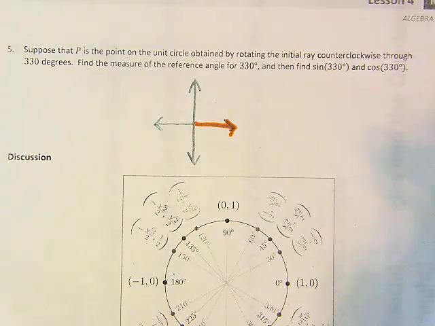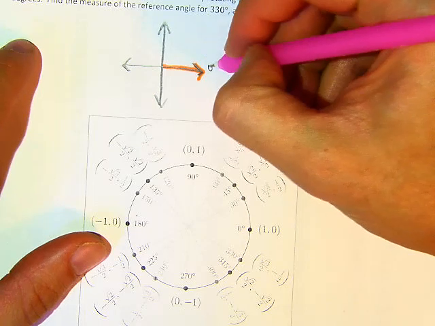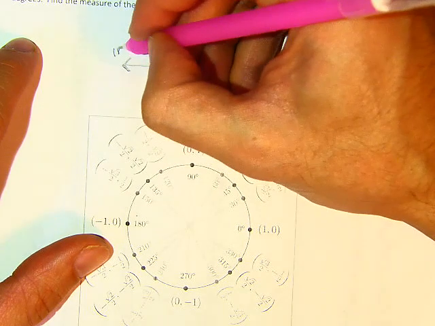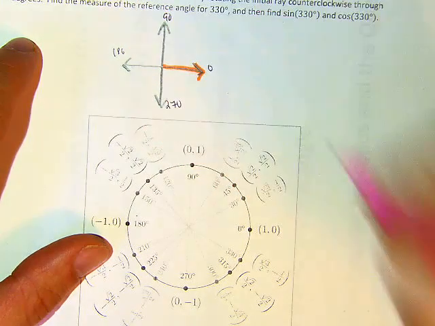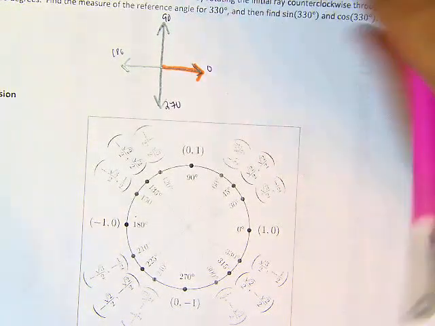Let's go to the next question, the last one, and then we're done. If we have a 330-degree rotation, what do we do? Remember, if this is 0, 90, 180, 270, our rotation of 330 degrees should be in quadrant 4.